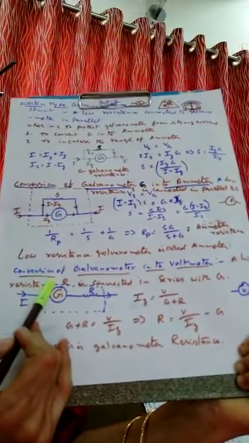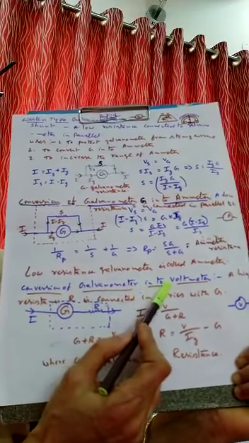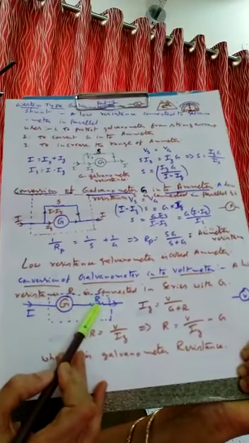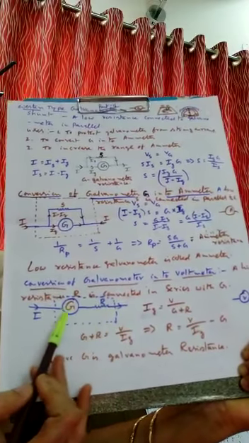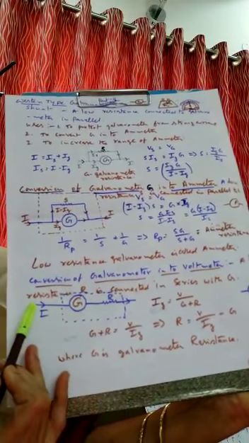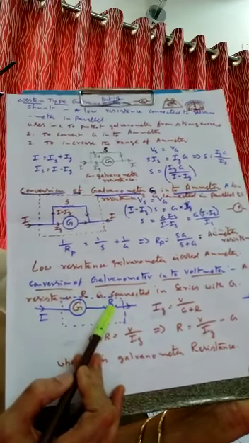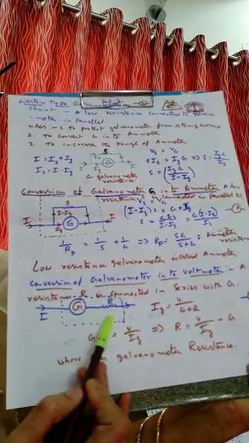Now, how do you convert the galvanometer into a voltmeter? A high resistance R is connected in series with the galvanometer. The current flowing through the galvanometer and the high resistance is the same because they are connected in series.